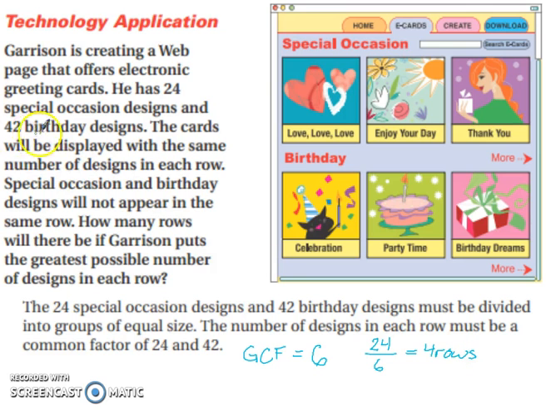And then we have our 42 birthday designs, so we've got 42 over 6. So 42 divided by 6 gives us 7 rows. So when the greatest possible number of designs is in each row, there are a total of 11 rows.